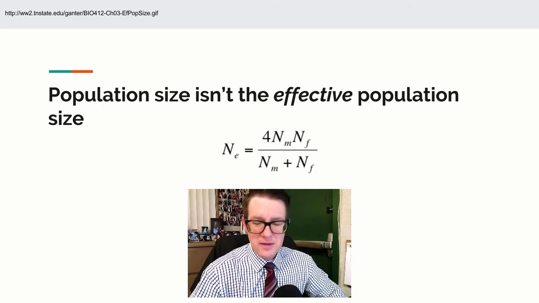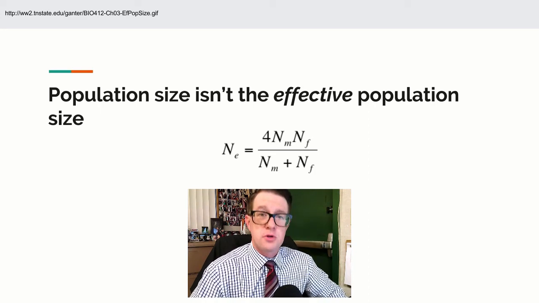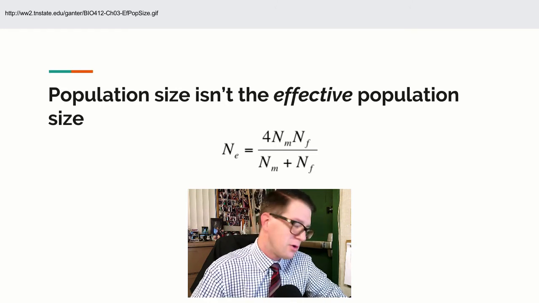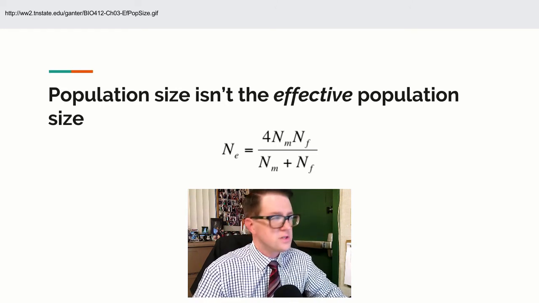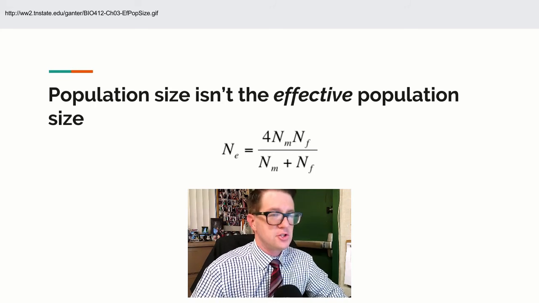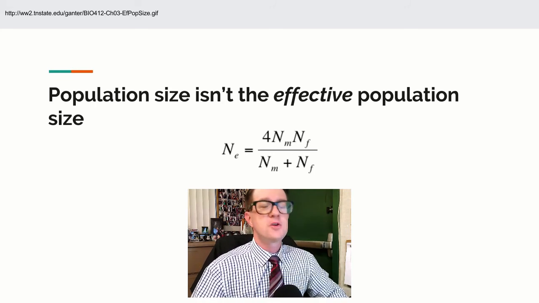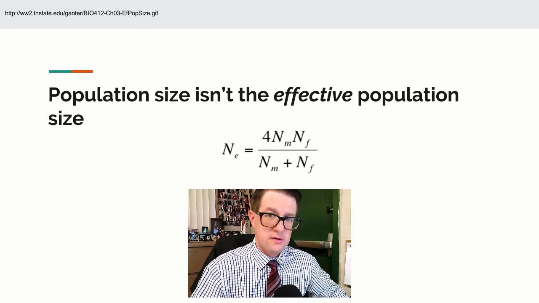And by really, I mean, let's talk about the ones who can reproduce. So if you can't reproduce, you don't count. If you're too young, you don't count. If you're too old, you don't count. That's what is meant by the effective population. These are the individuals who are capable of reproducing.